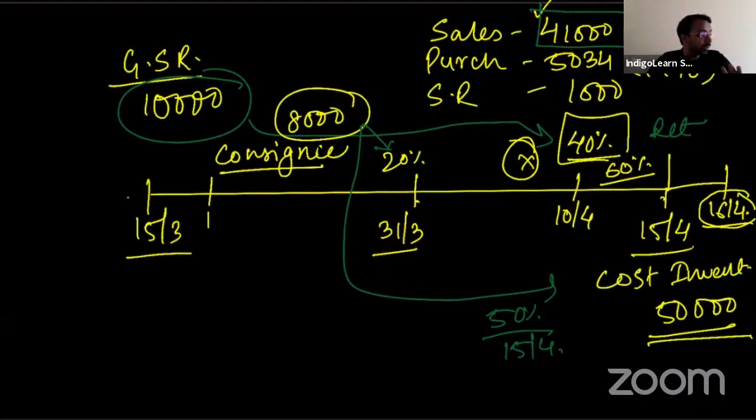And the goods are sold by the trader at a profit of 20% on sale. So basically whatever the trader does, he gets a gross profit of 20%. Now this example has a typical combination of consignment where the person is a consignee and there is goods which this person has sent on sale or return basis. Now let us see how do we solve this particular problem.